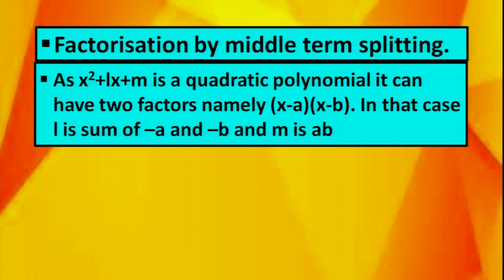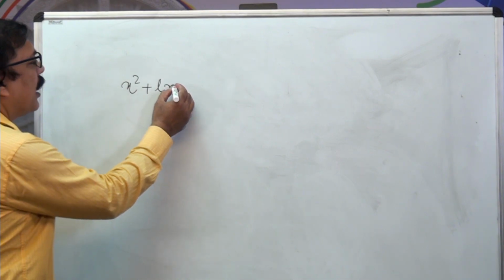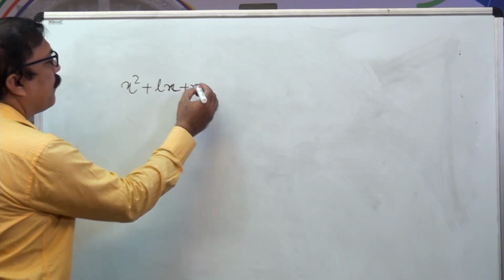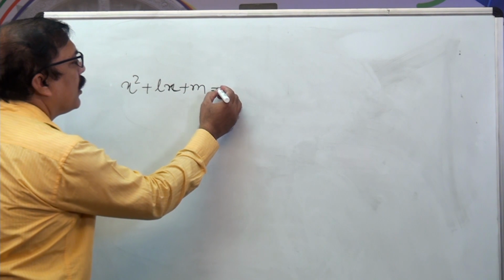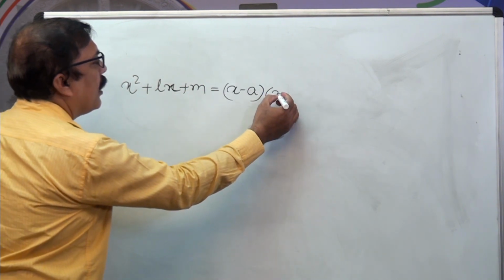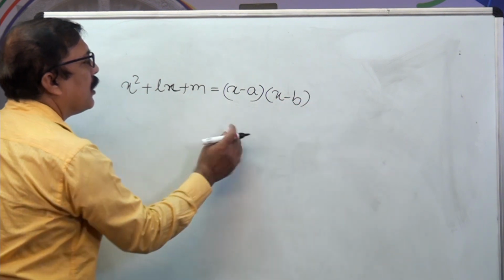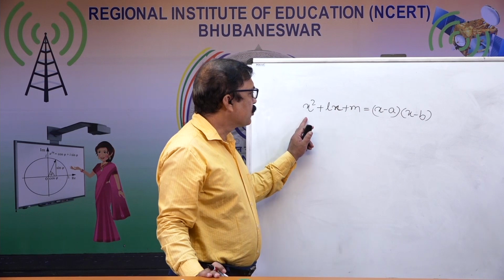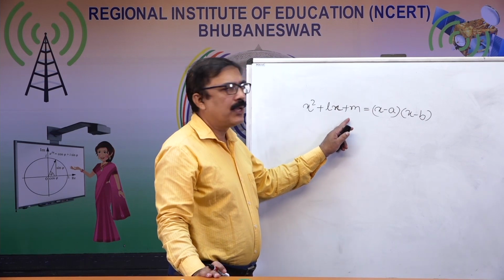How does this happen? See, x square plus lx plus m, let it be equal to x minus a and x minus b. Let these two be the factors of x square plus lx plus m.